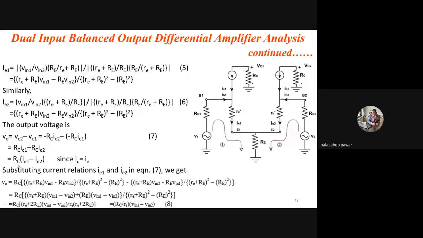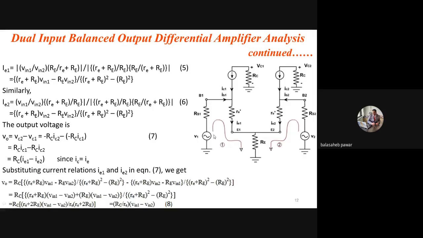Now substituting the current relations IE1 and IE2 in equation number 7, you will get VO. And at the end, what you have to remember is that VO equals capital RC by small re into the difference between the two inputs, that is Vin1 and Vin2.